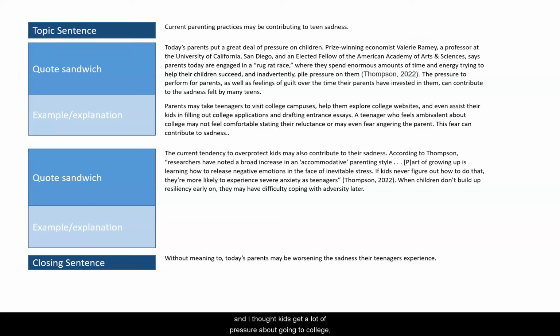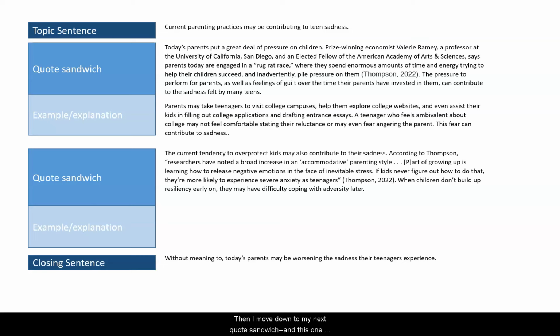So that was the example that I decided to use. So first I used the general statement, the idea that came from the expert that kids are feeling pressure from all the help their parents are giving them. So that idea is in my quote sandwich, and then I add the example.